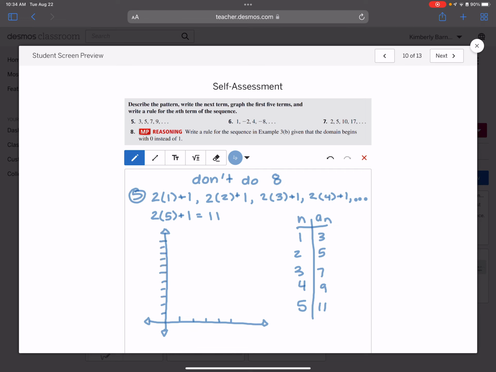All right, so point (1, 3), (2, 5), (3, 7), (4, 9), and then (5, 11). And then to write a rule, so a sub n, my nth term, I'm taking 2 times the position it's in plus 1.